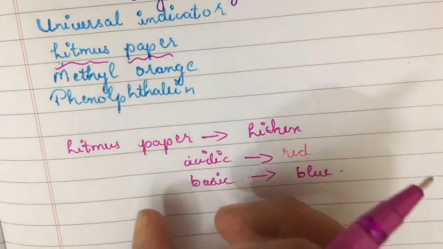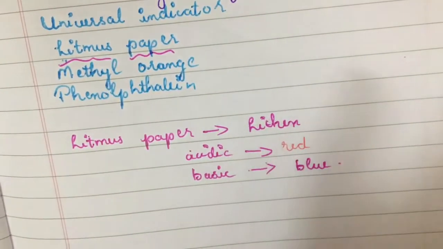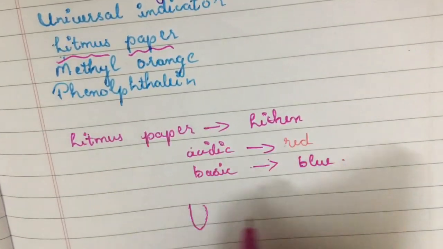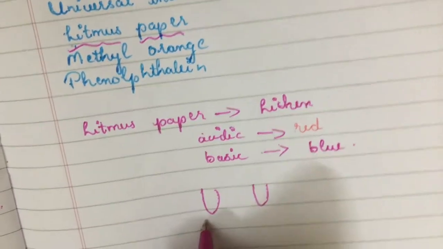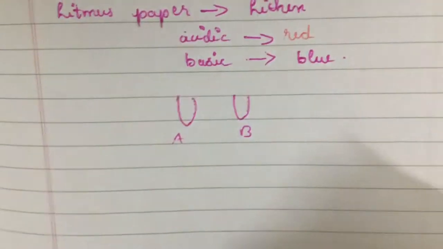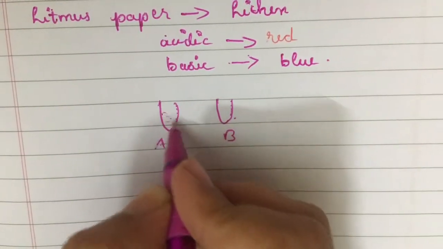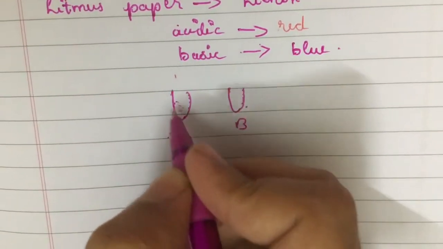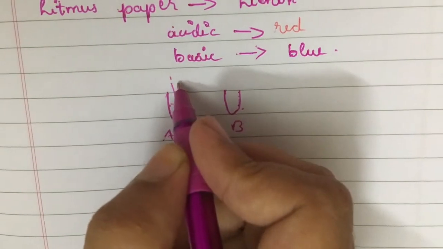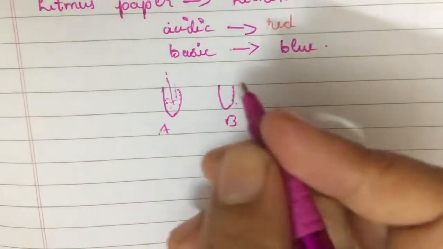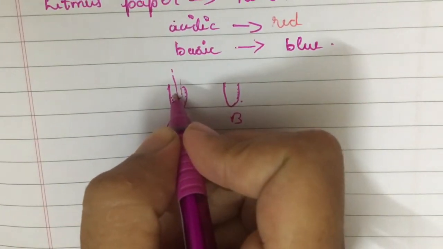Suppose we have taken two solutions in two test tubes. One is the acid solution and another one is the basic solution. This is acid and this is base. We dip our litmus paper in the acidic solution. When this litmus paper is dipped in the acidic solution, it will impart red color to the litmus paper.